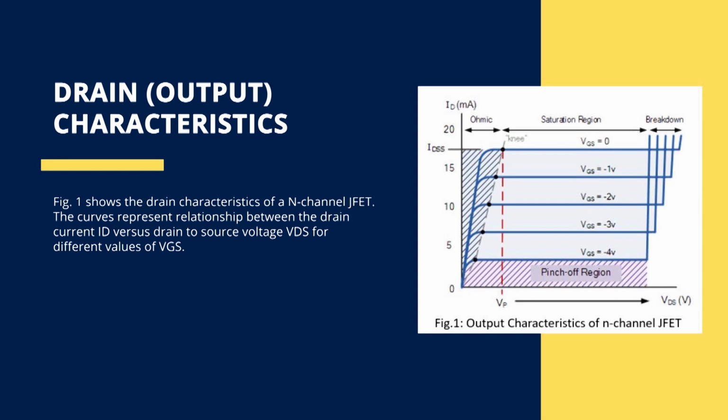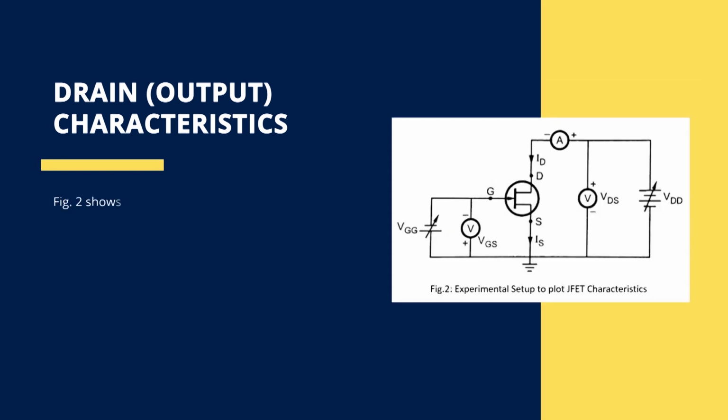As we increase the drain voltage, the drain current increases at the starting stage and then it saturates after a certain value. This figure shows the experimental setup required to plot these characteristics. As I have told you, the VG is kept constant.